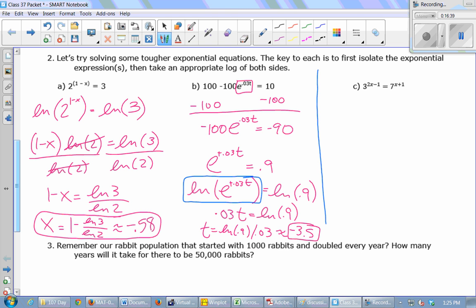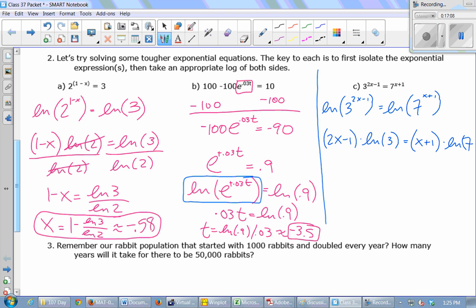Yeah, if I take the ln of both sides, I'm going to have the ln of 3 to the 2x minus 1 equals the ln of 7 to the x plus 1. And that will allow me to take both variable expressions out of the exponent. So I'm going to have 2x minus 1 times ln 3 equals x plus 1 times ln 7.